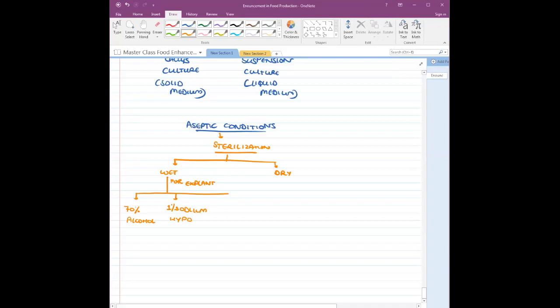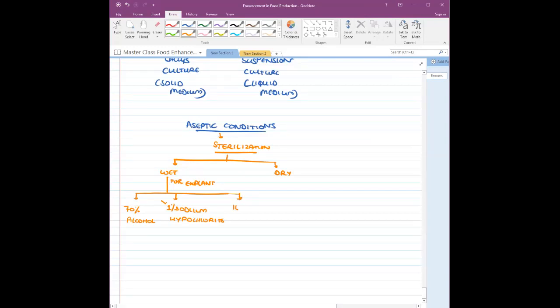This is a very common, known disinfectant, an antiseptic solution. Even if you go to the dentist, they will use this sodium hypochlorite only.